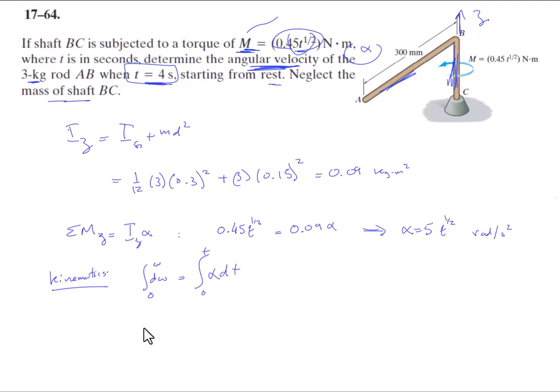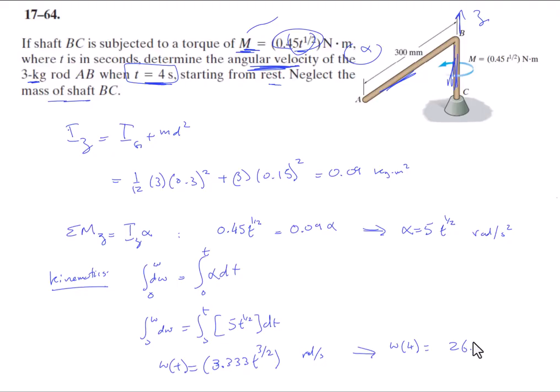So this will be the integral from 0 to omega of d omega equal to 0 to t of this guy, 5 t to the 1/2 dt, which will give omega as a function of t as 3.333 t to the 3/2 radians per second. So evaluated at 4 seconds, this will be 26.7 radians per second.